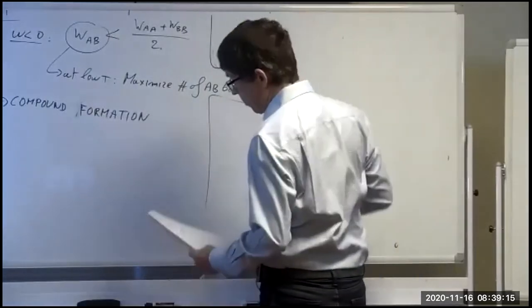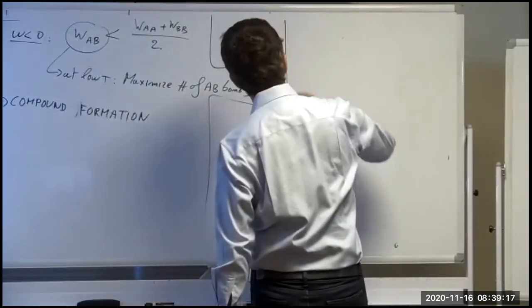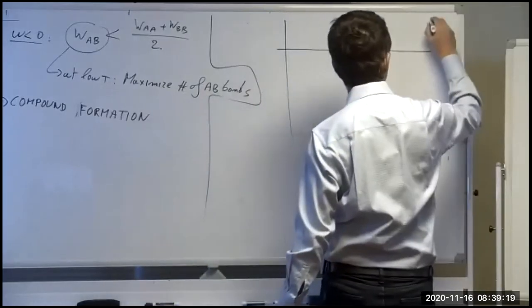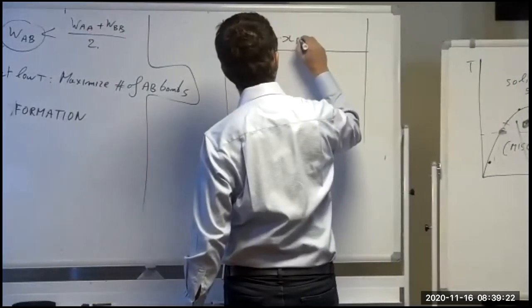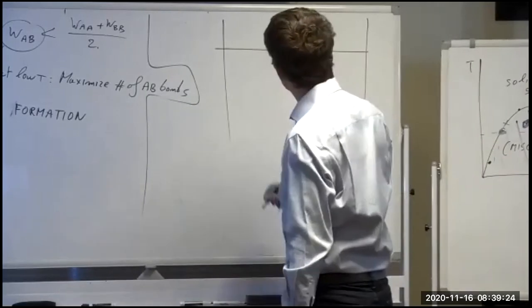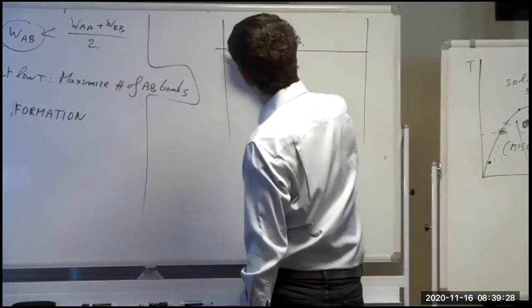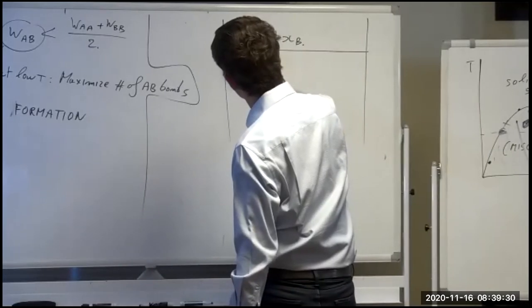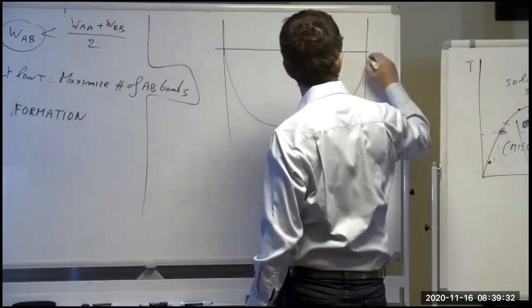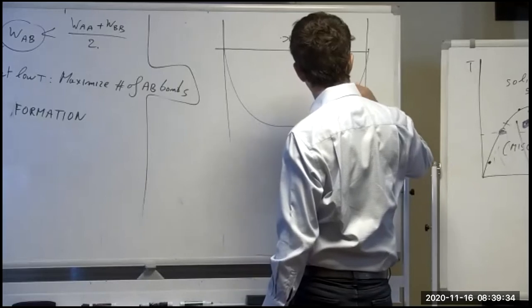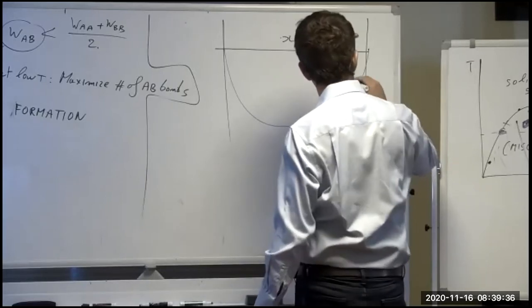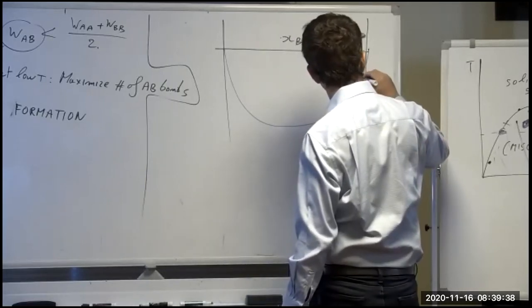So if you have compound formation, the way we think of that is that you have a different free energy curve for a compound. So let's say I have a solid solution free energy curve. All right, so let's say this is delta G of mixing for the solution, so the homogeneous mixture.